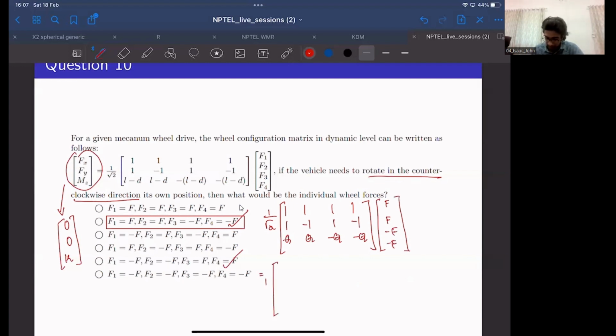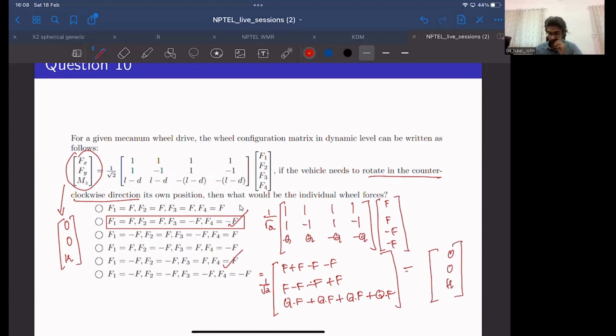If we simply multiply this out, the first row would be F plus F minus F minus F. The second row would be F minus F minus F plus F. The third row would be q times F plus q times F plus q times F plus q times F. So this is of the form 0, 0, some constant along the z-axis moment.